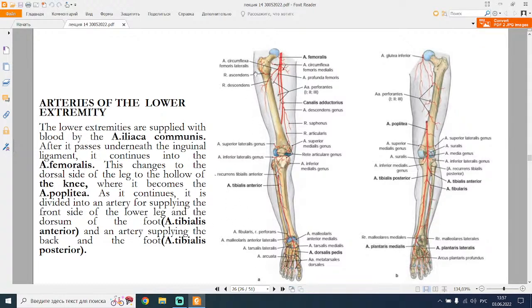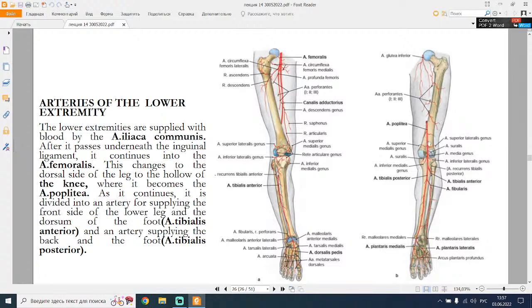It continues into arteria femoralis. This changes to the dorsal side of the leg, to the hollow of the knee, where it becomes the arteria poplitea.